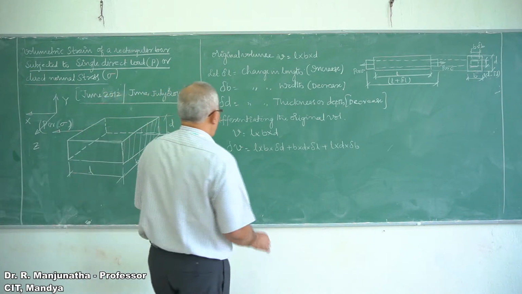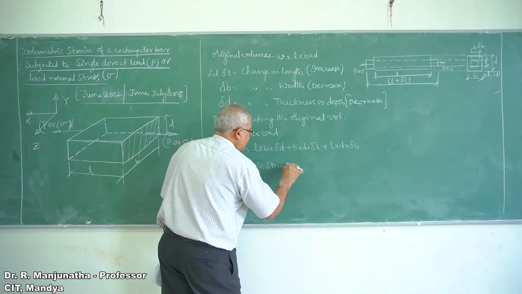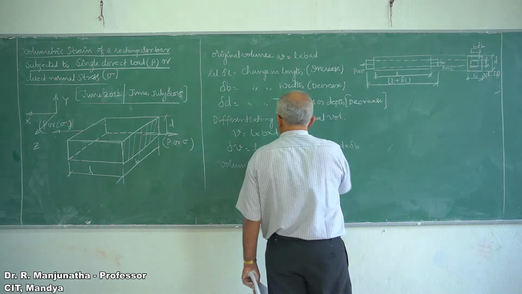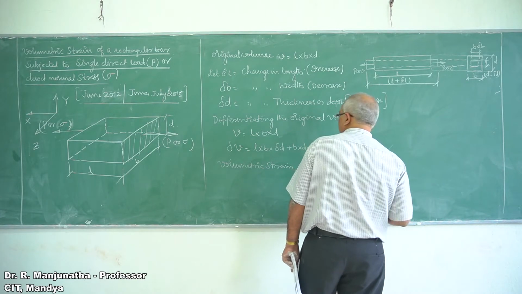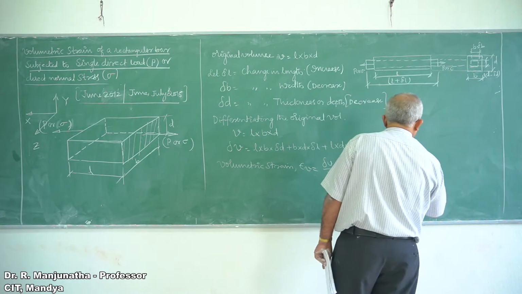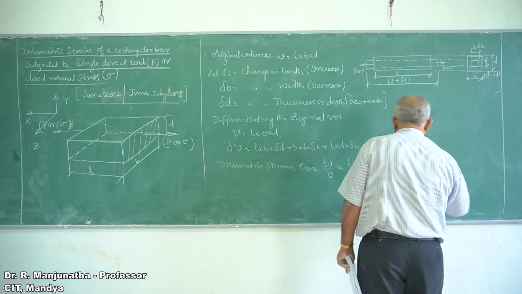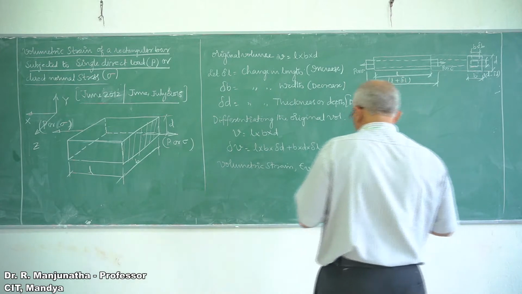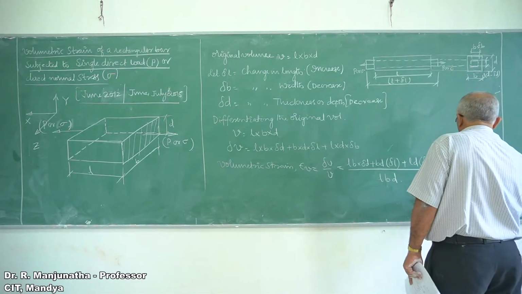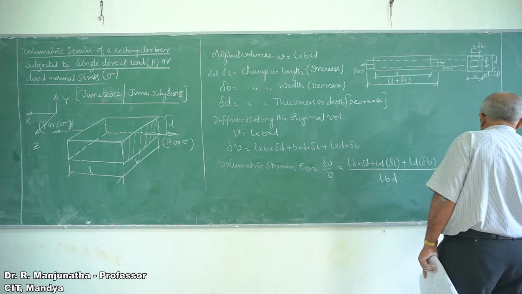Therefore the volumetric strain, epsilon V, is given by delta V by V. Here delta V is given by LB into delta D plus BD into delta L plus LD into delta B, divided by the original volume L into B into D. In this case LB will get cancelled, leaving delta D by D. In this case BD will get cancelled, leaving delta L by L. In this case LD will get cancelled, plus delta B by B.